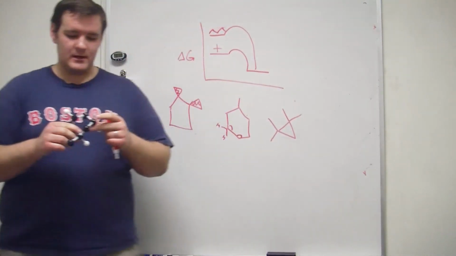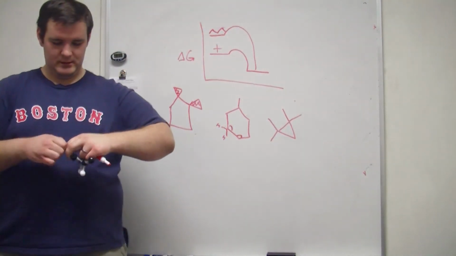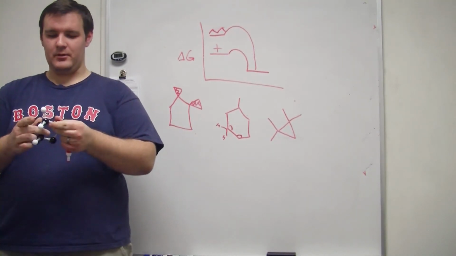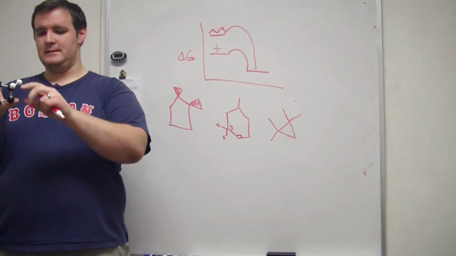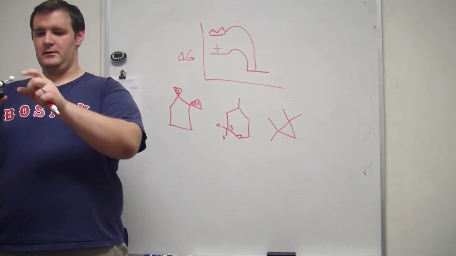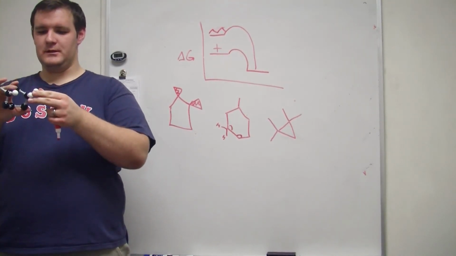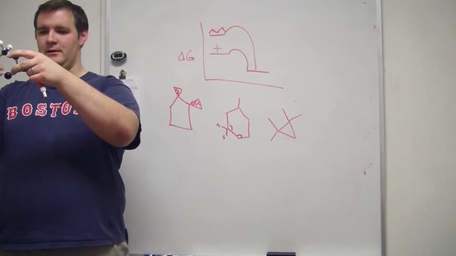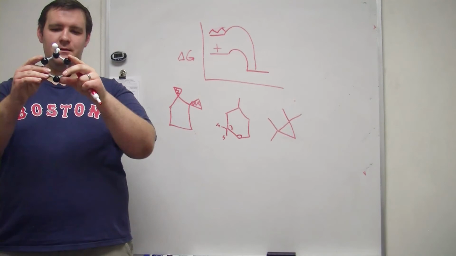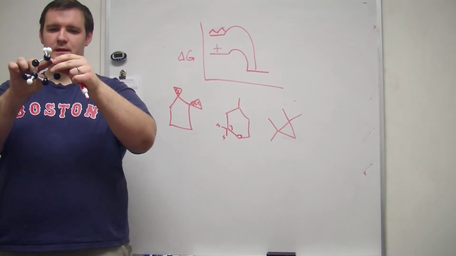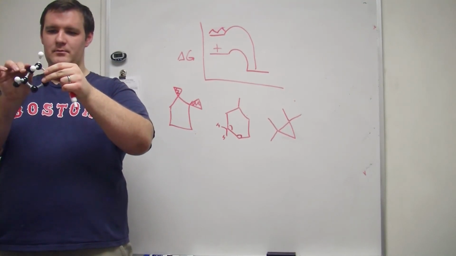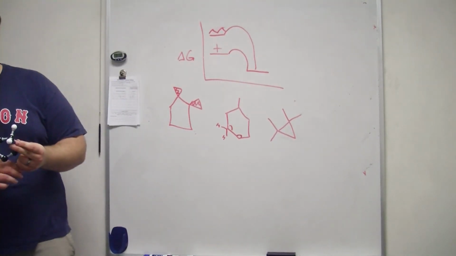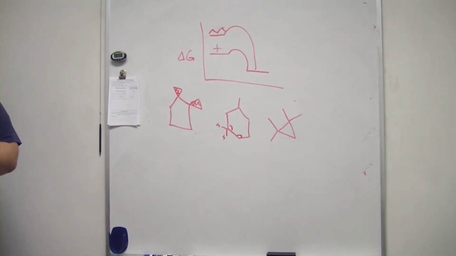That's why it goes to the chair conformation. By going to the chair, this angle here is closer to the tetrahedral shape. But when it's flat, planar, and it's hard to see with the model kit, it forces it to be a lot wider here. By twisting it, it's closer to the 109.5 it should be at.